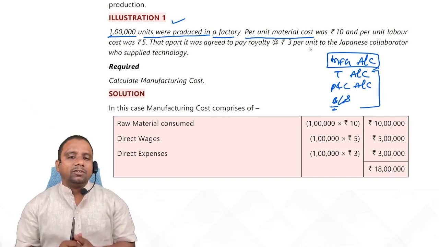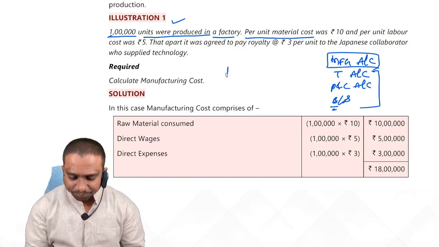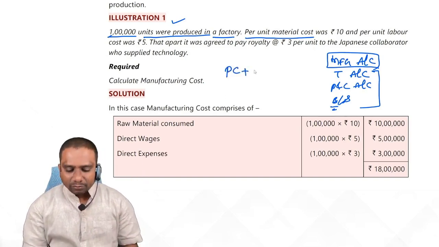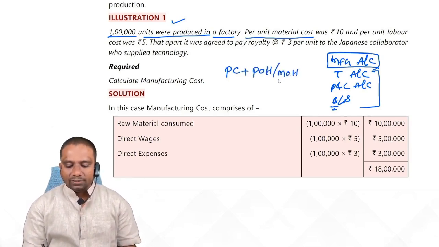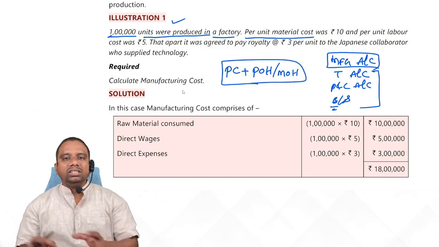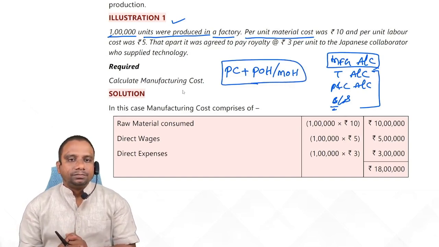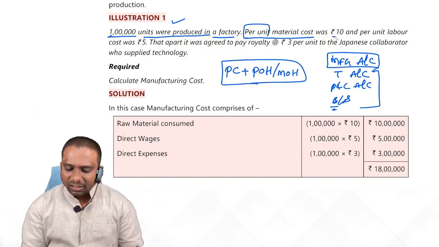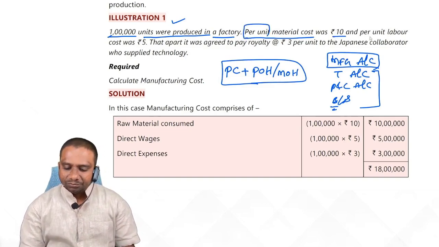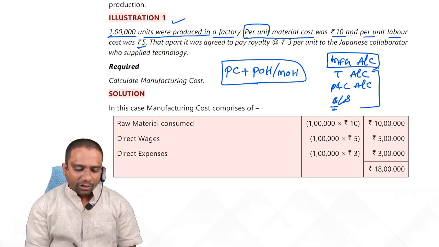In the manufacturing account we consider prime cost plus production overhead or manufacturing overhead. These two things we consider in the manufacturing account.